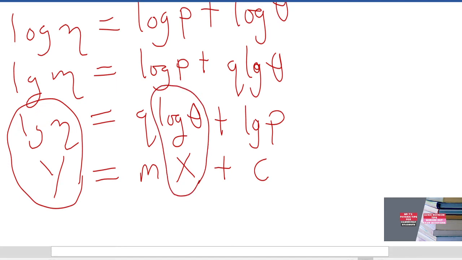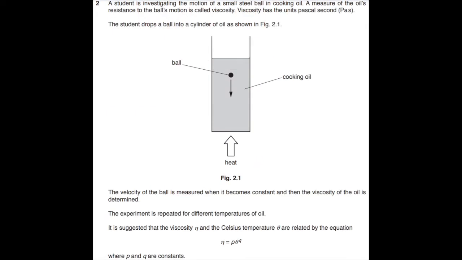Which means our gradient is going to be Q, and then the y-intercept is going to be equal to log P. It's not enough to leave it like this, because when they ask you the question, you have to leave it where it is supposed to be. It says where P and Q are constants.